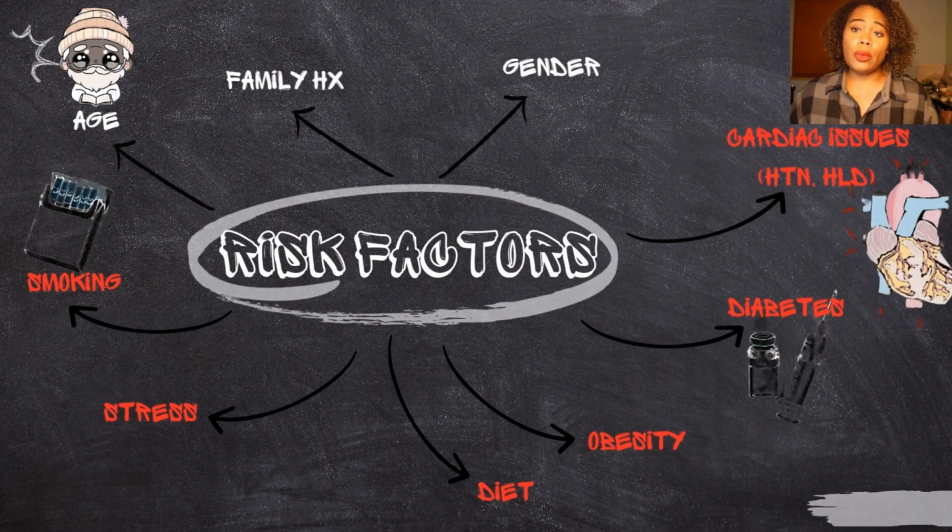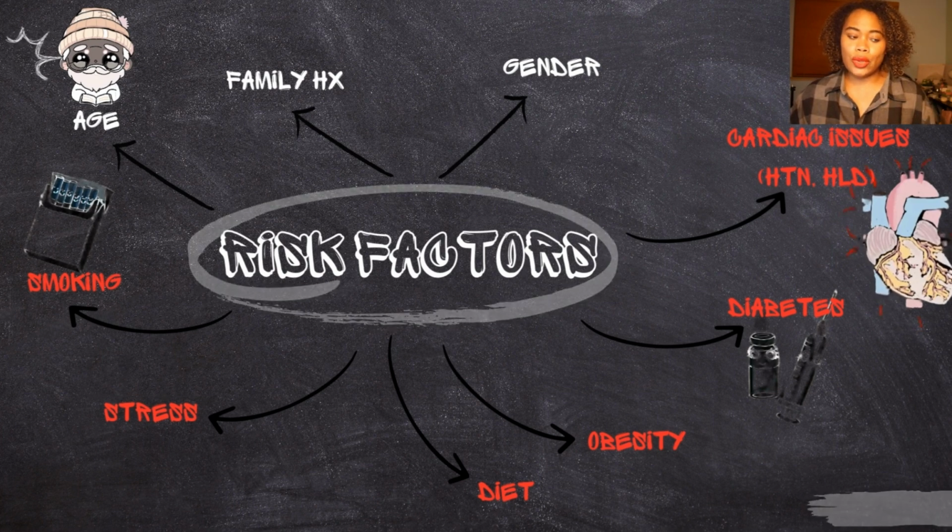The one thing you want to note here is that the risk factors are modifiable. So if you just fix those things, eat right, exercise, reduce your stress, and stop smoking, you will greatly increase your heart health and reduce your risk of having coronary artery disease.